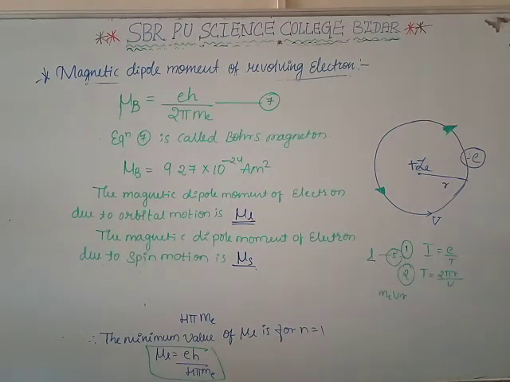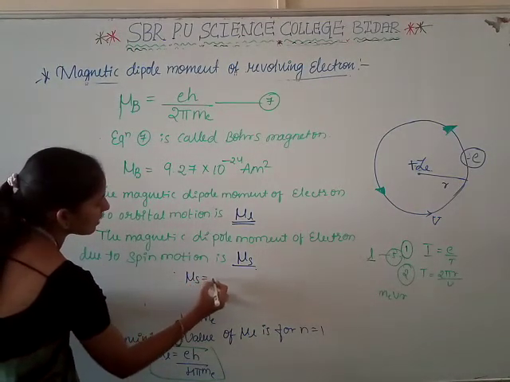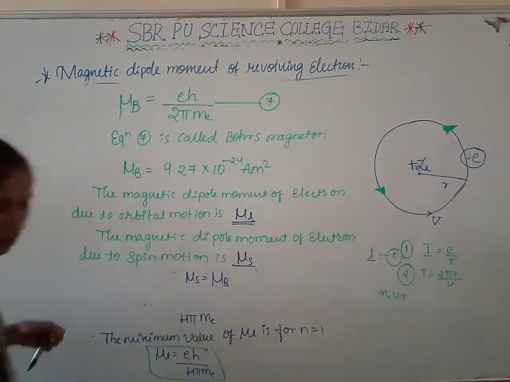Therefore, the magnetic moment due to spin motion is mu S is equal to mu B, the Bohr magneton.